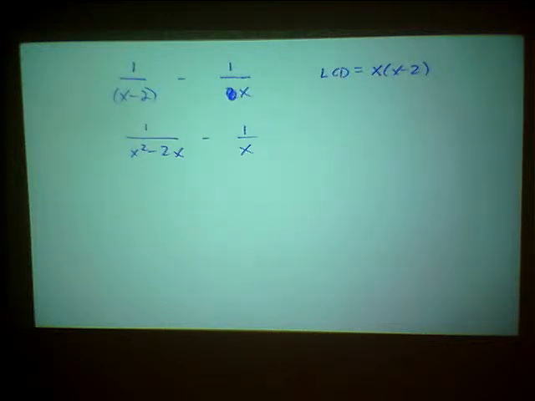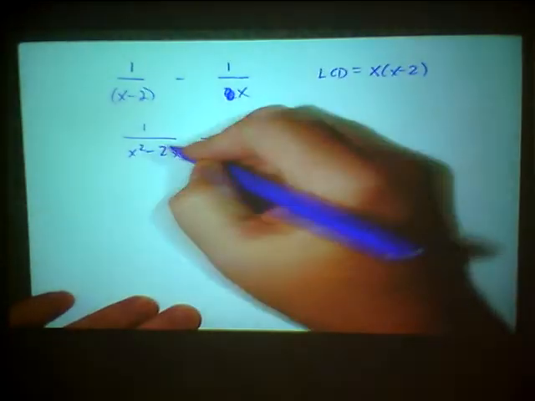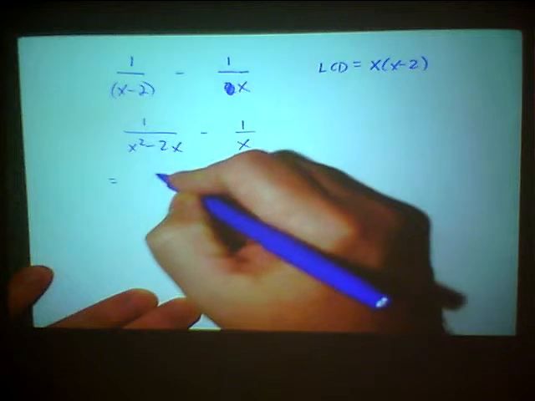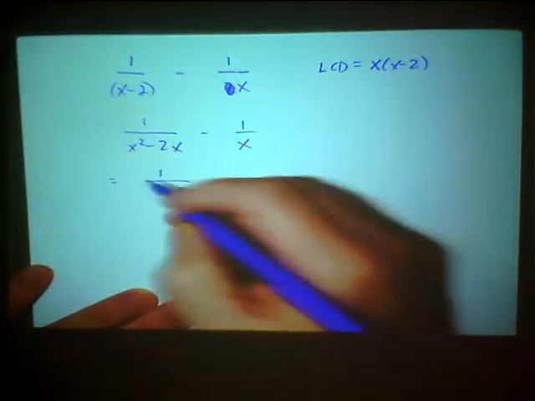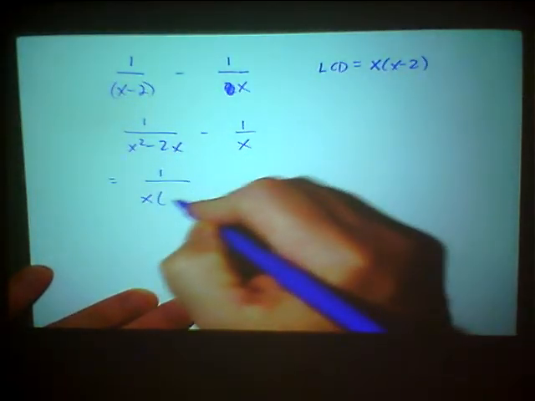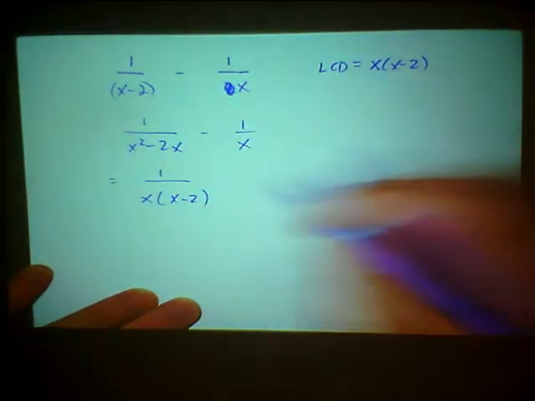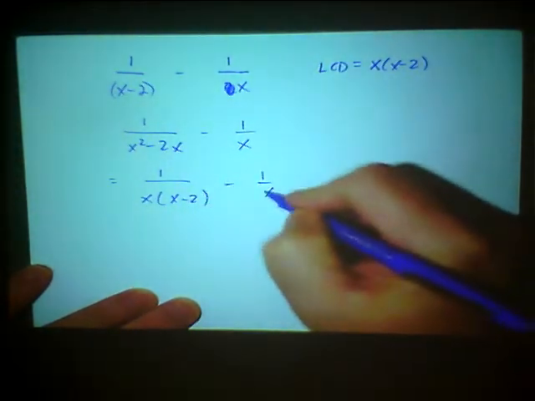Okay, the first step here is factor, and actually there is something that can be factored. This denominator can be factored. So I'm going to factor out the x. I have x times x minus 2 minus 1 over x.